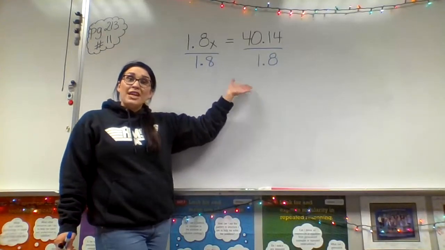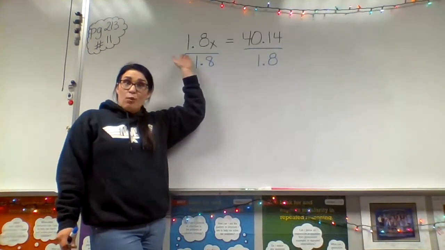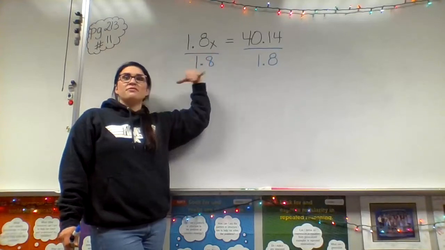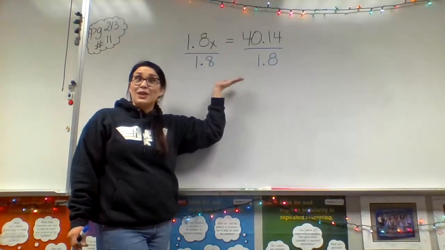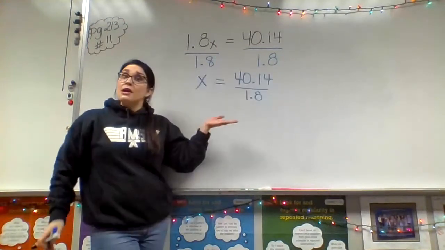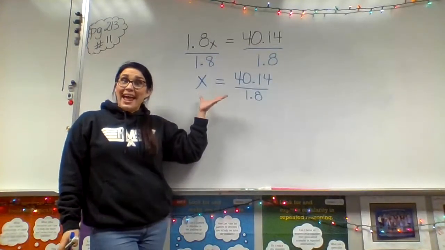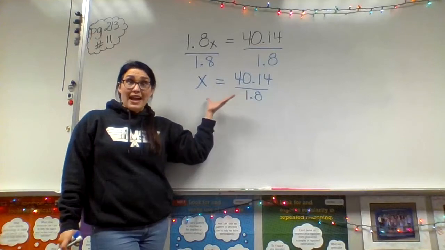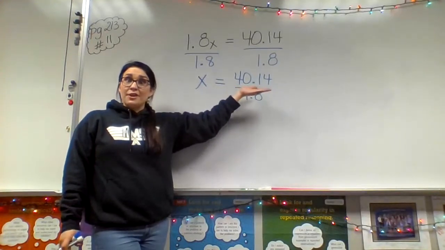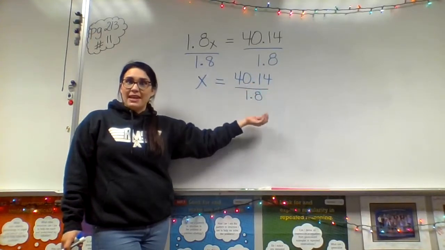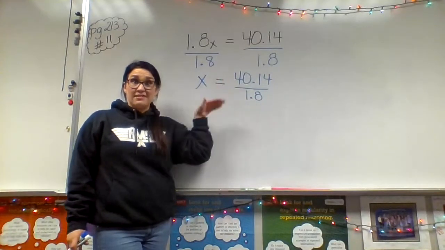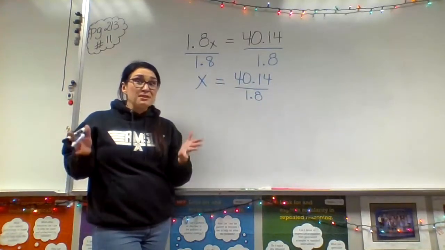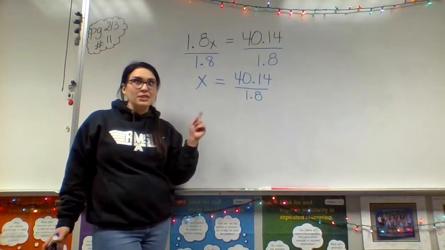So we know that if you multiply something by 1 and 8/10, and then you divide it by 1 and 8/10, that's going to cancel each other out, so we'll have our variable all by itself. So my friends, we now know that x is equal to 40 and 1400ths divided by 1 and 8/10. Now notice we have a decimal divided by a decimal, and there are some certain rules that go with that.